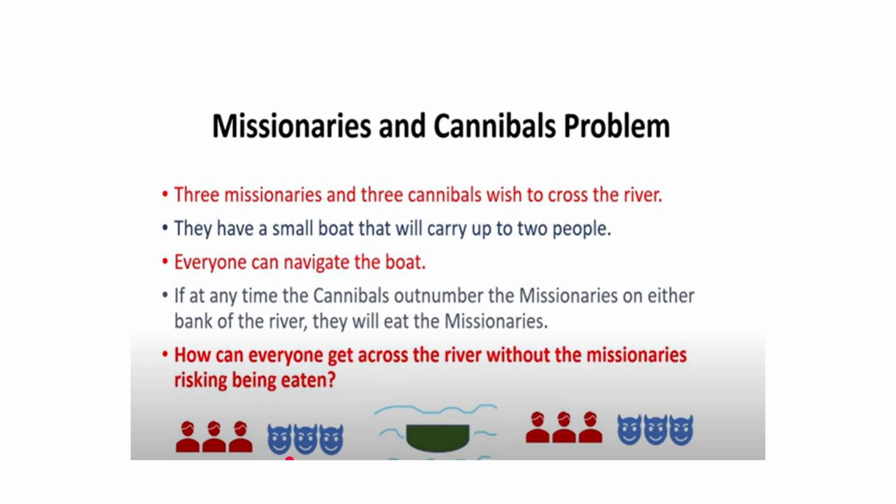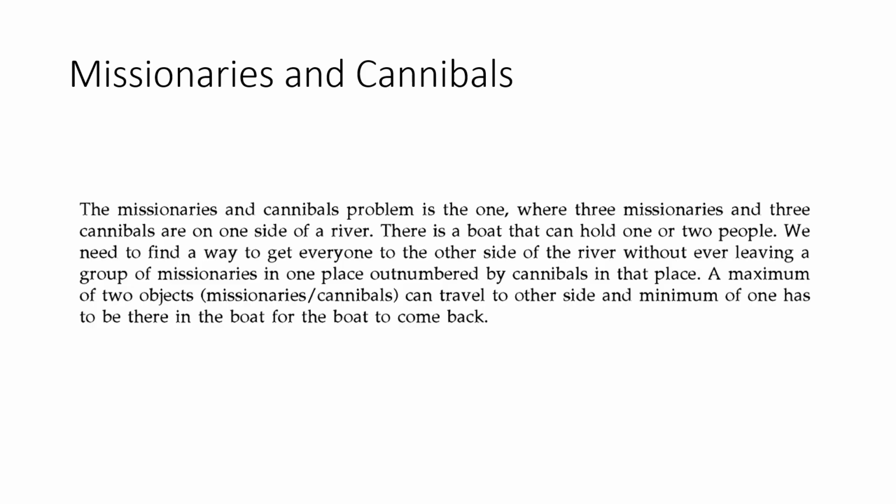And next, how does everyone get across the river? First, we can go with the rules here, which are the main constraints of the problem. So this is the problem that is happening.